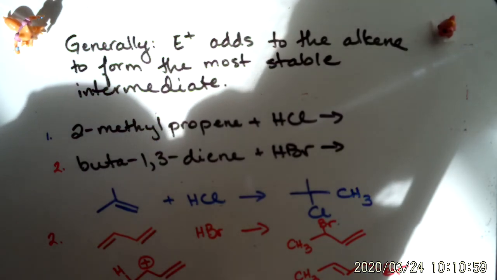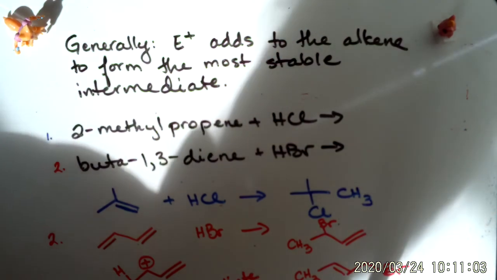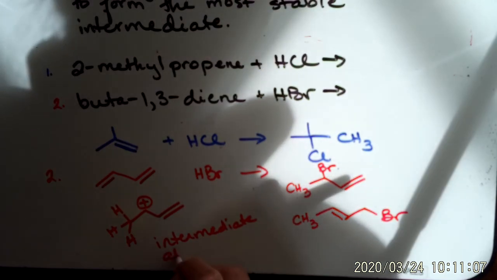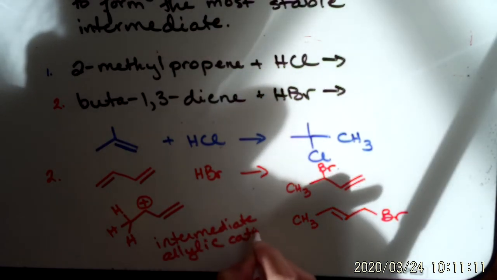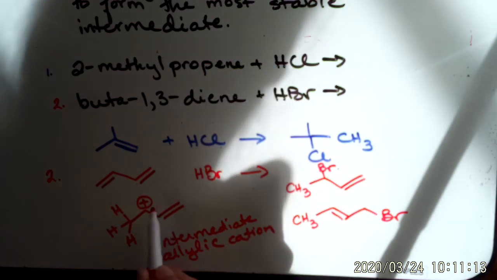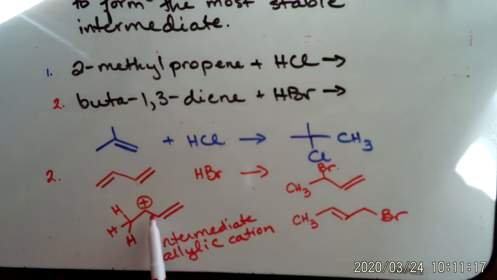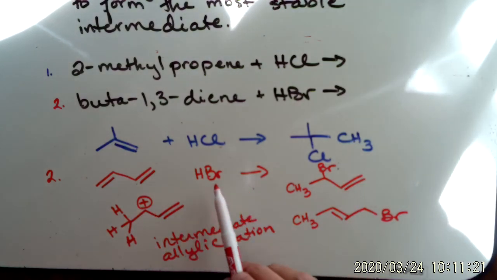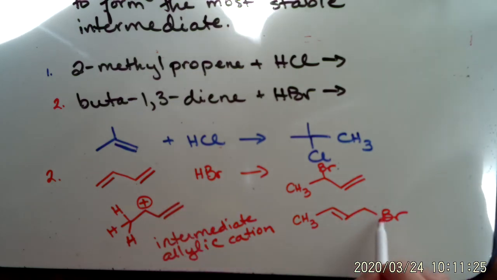But remember, this is an allylic carbocation intermediate, which means I can actually have resonance. And when I have resonance, move the double bond here, I'd have this. This is a plus charge. Now my bromide can attack there. And that's how I can get this product.